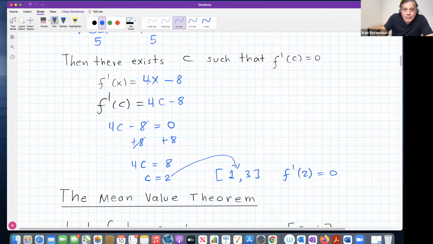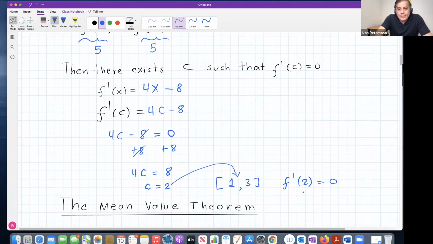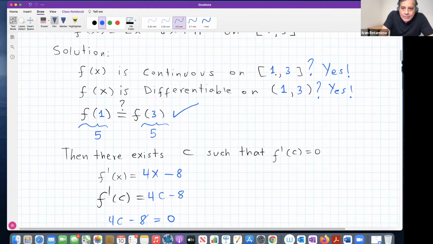Look, 2 times 4, 8, 8 minus 8, 0. It checks. So we were able to check Rolle's theorem. Indeed, there is a real number such that the derivative is 0 between a and b, which are these two numbers, 1 and 3.